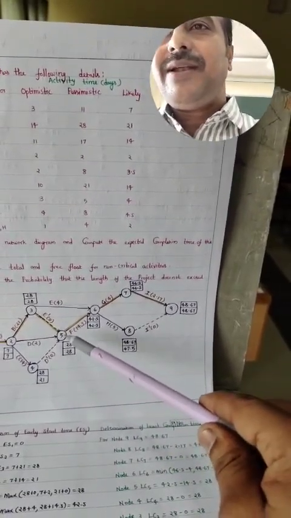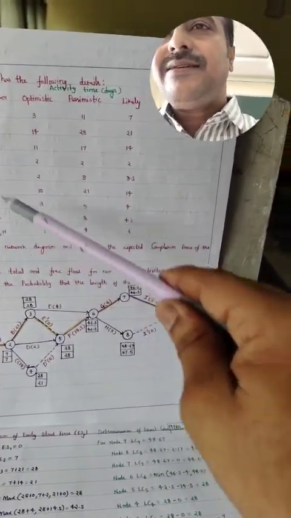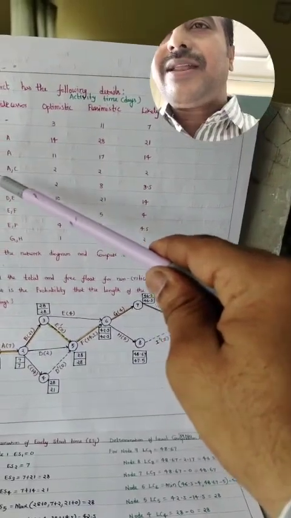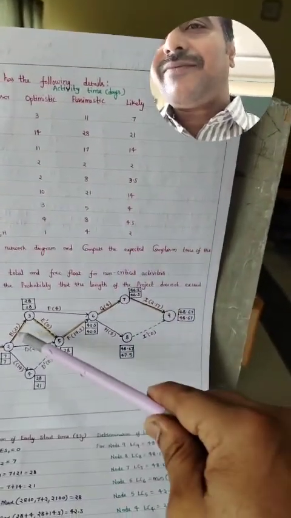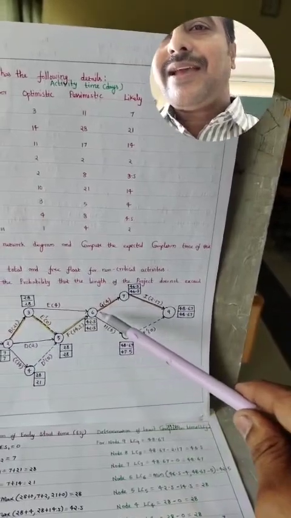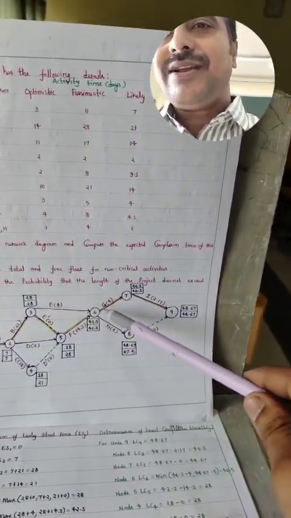After this, E happens after B, means after B, E is happening, so I am considering node 6 and joining these two.